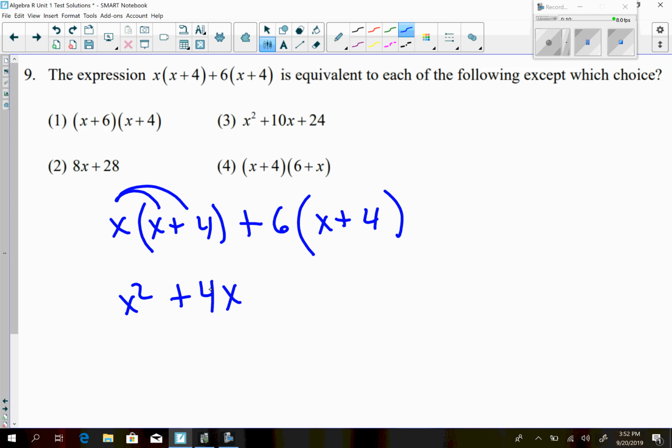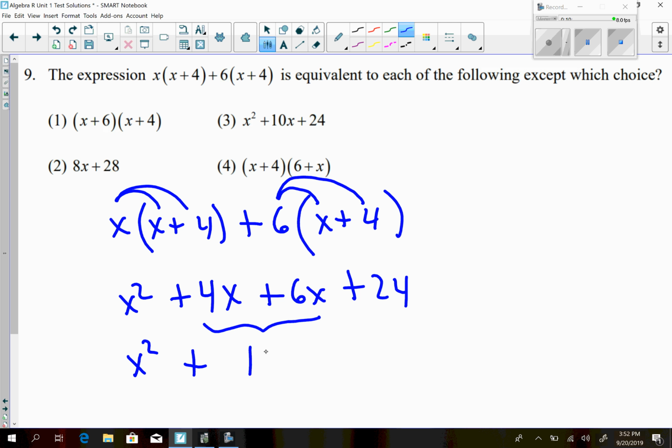These parentheses are gone now. Positive 6 times x is positive 6x. Positive 6 times positive 4 is positive 24. And all parentheses are gone after distributing. X squared plus 4x plus 6x is 10x. Plus 24 gets brought down.